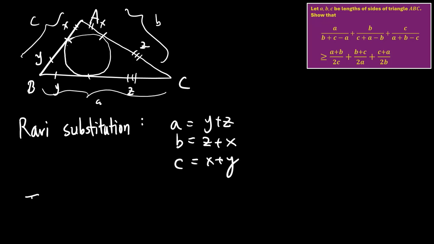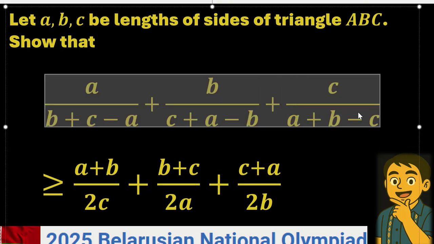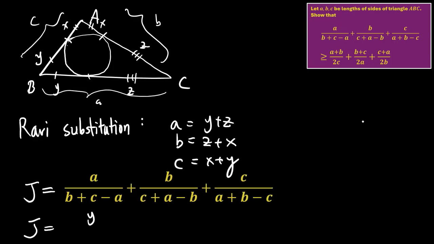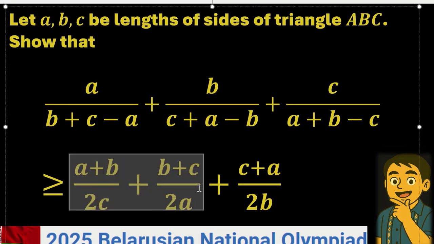Now we let J be the left hand side of the inequality. So J is (y plus z) over 2x, plus (z plus x) over 2y, plus (x plus y) over 2z. Likewise, we let K be the right hand side of the inequality.